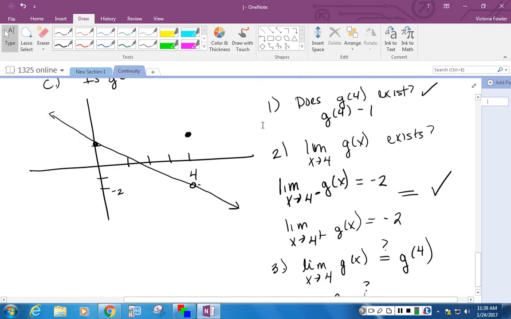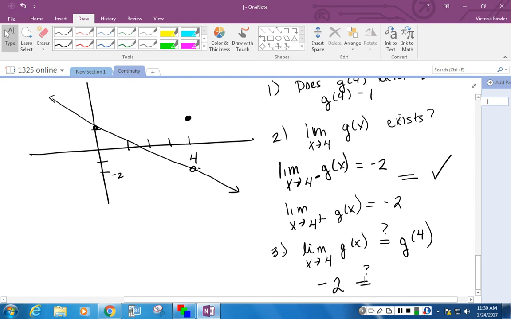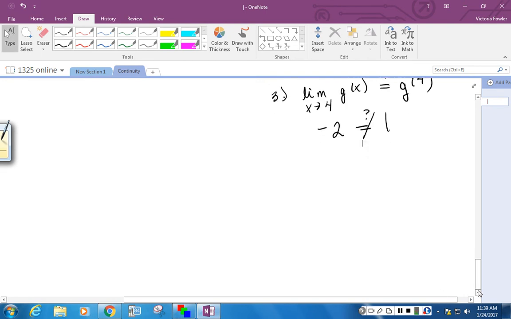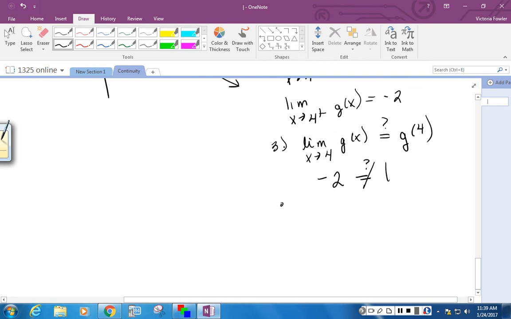I can look at my graph, but I've also already done this in step 1 here. g of 4 is -1, or excuse me, +1. Regardless, it doesn't equal. So because the statement is not true, it has failed this third condition, I can conclude that g is not continuous at x equals 4.